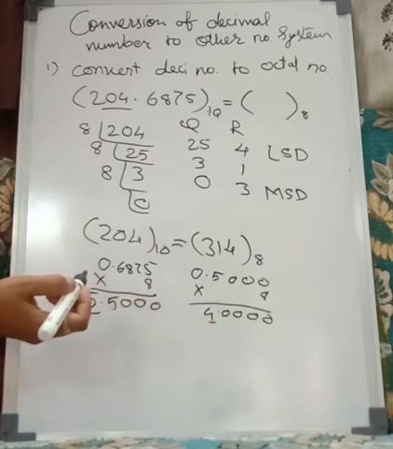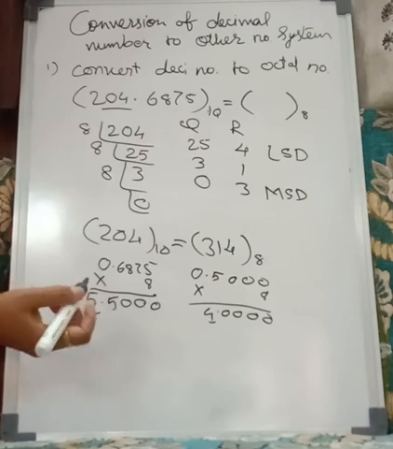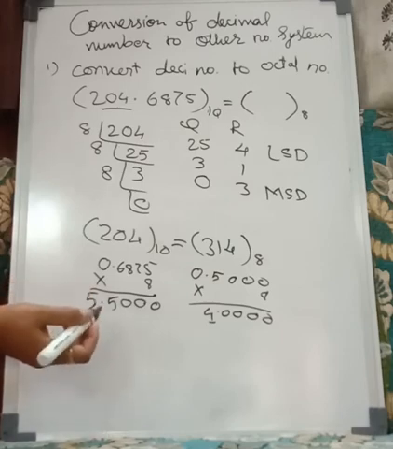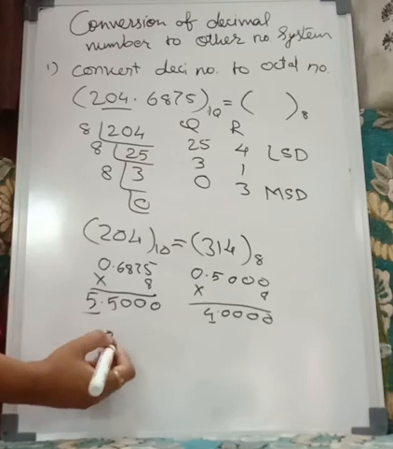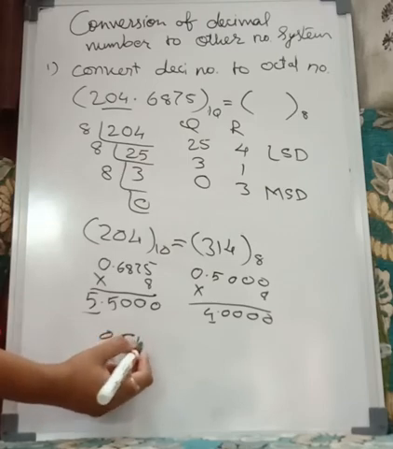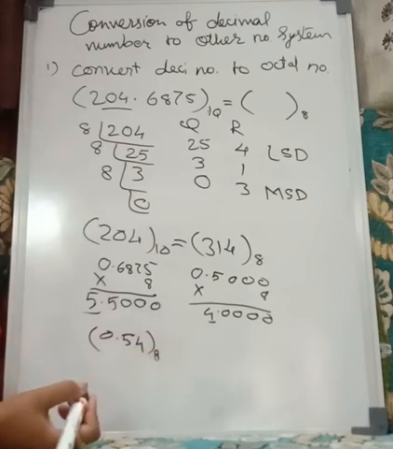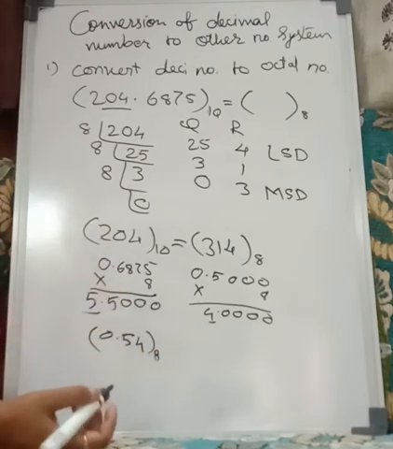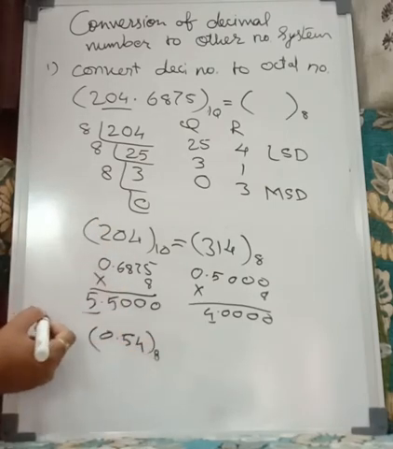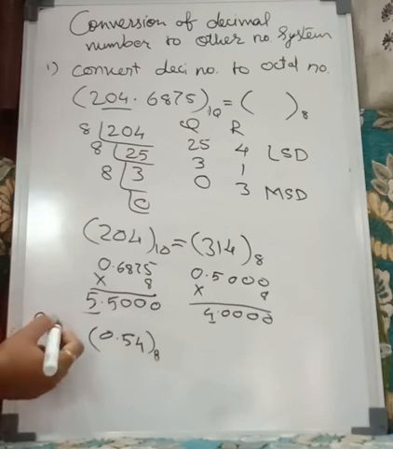So we need to take only the carries. So the number will be 0.54, and this is the octal number for the decimal number 0.6875.